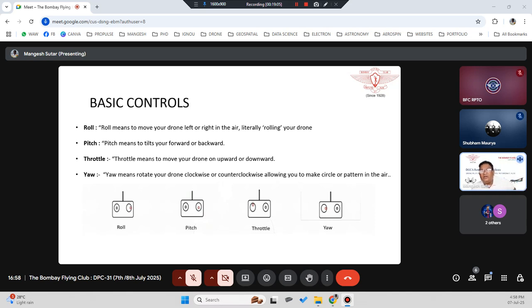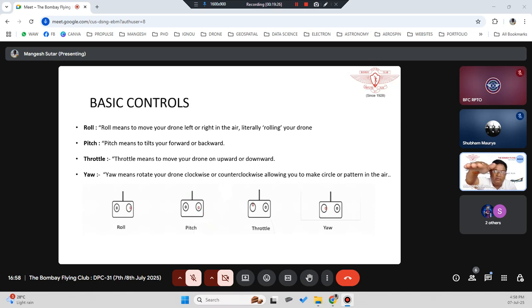So you see here, when you are changing your controls from fixed wing: in a fixed wing you have level flight. You say pitch up and pitch down, roll right, roll left. So only 3 are there. But in a drone, you get 4 motions. What 4 motions?